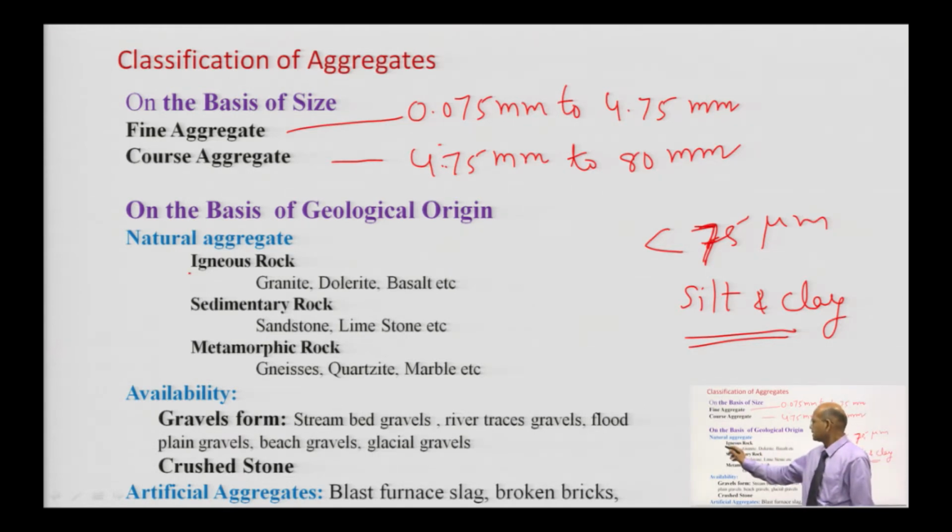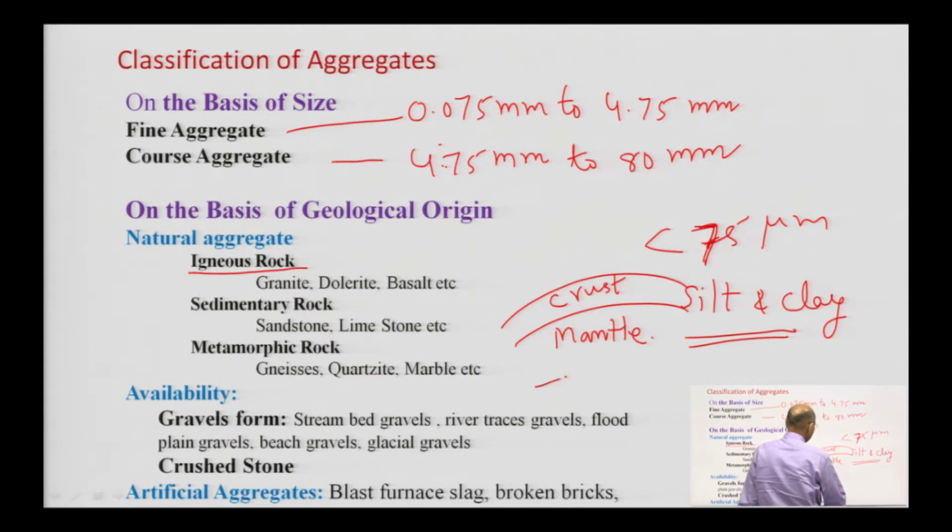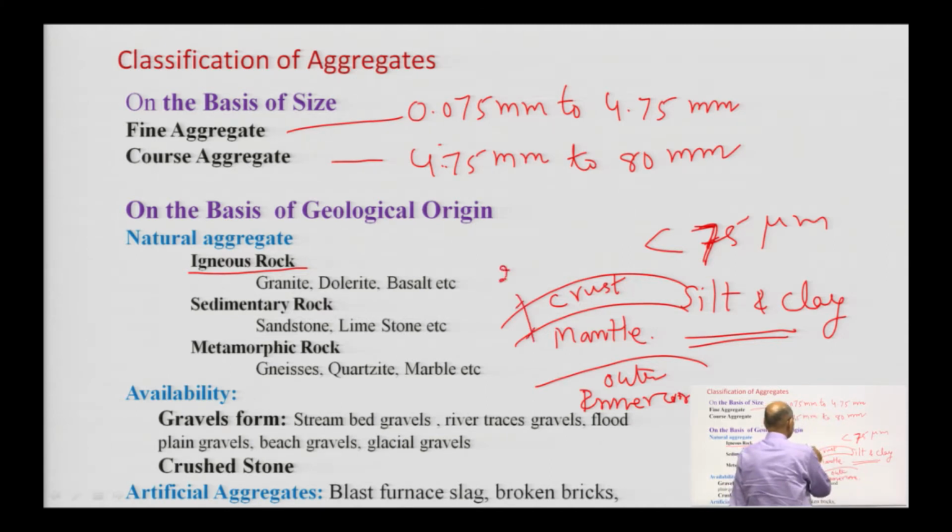Suppose we have the earth: the crust, then the mantle, then the outer core and inner core. The crust is about 200 kilometers deep.